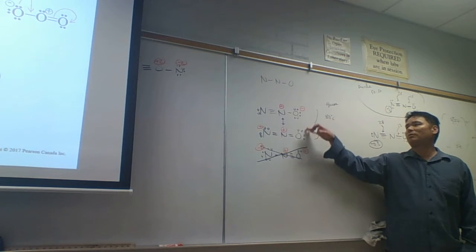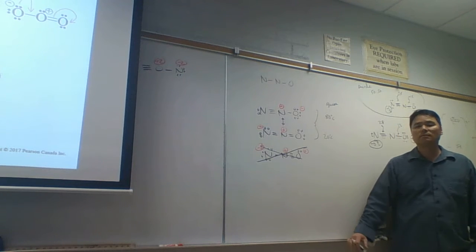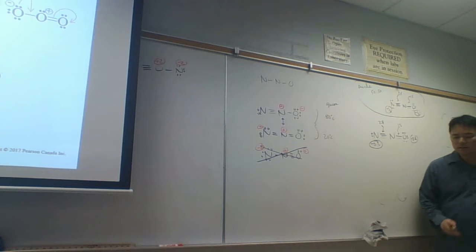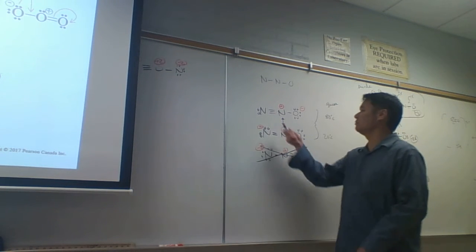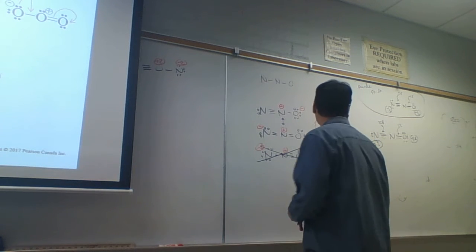And the reason I put more of this structure is because I expect oxygen to be a little stronger than nitrogen, not so much so that it dominates. So this is an example where we have inequivalent resonance forms contributing, and this third one doesn't contribute at all.